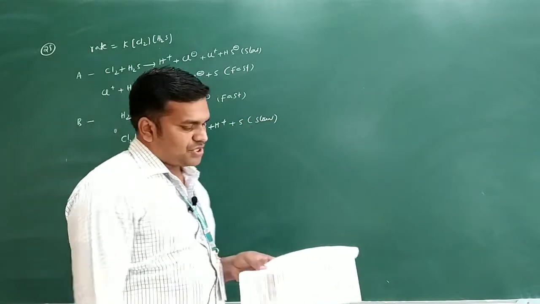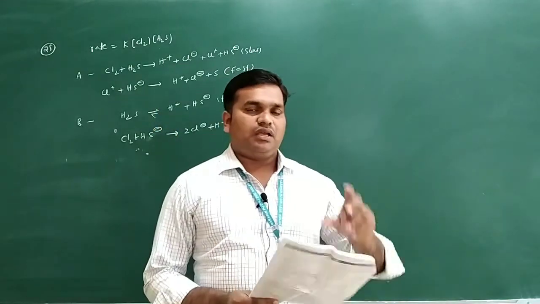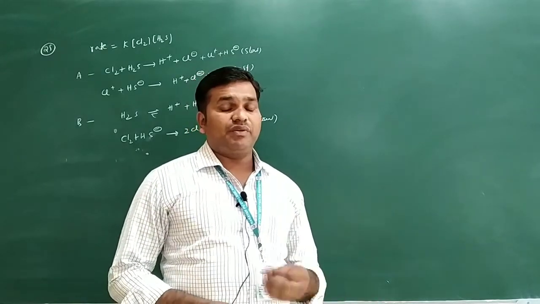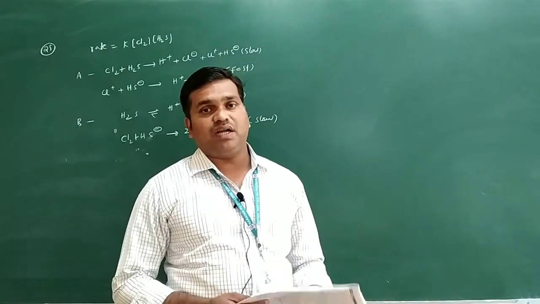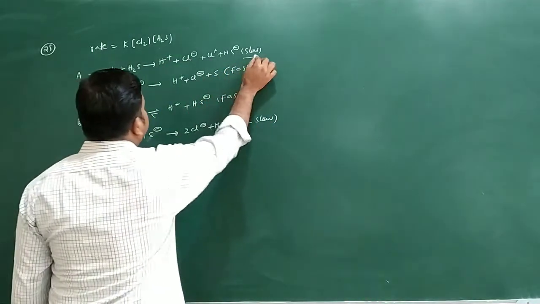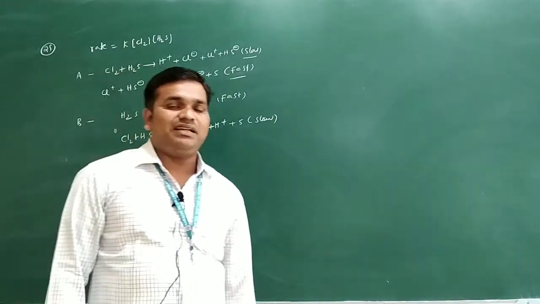Now the question is which of these mechanisms are consistent with this rate equation. Is A correct for the mechanism, or is B correct? In the first part A, a slow step is there and a fast step is there. Generally, what is the RDS, the rate determining step?